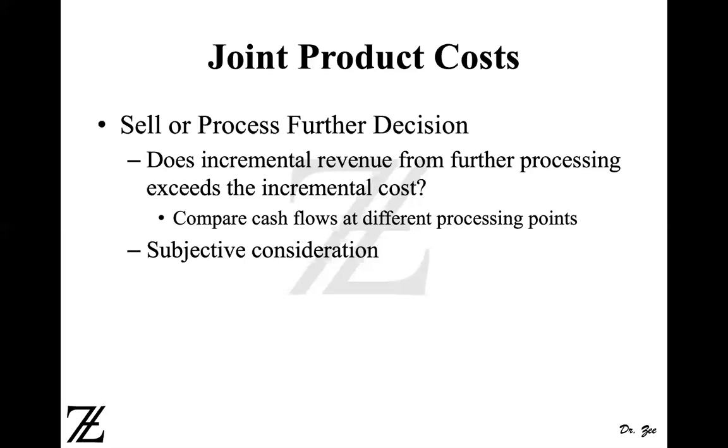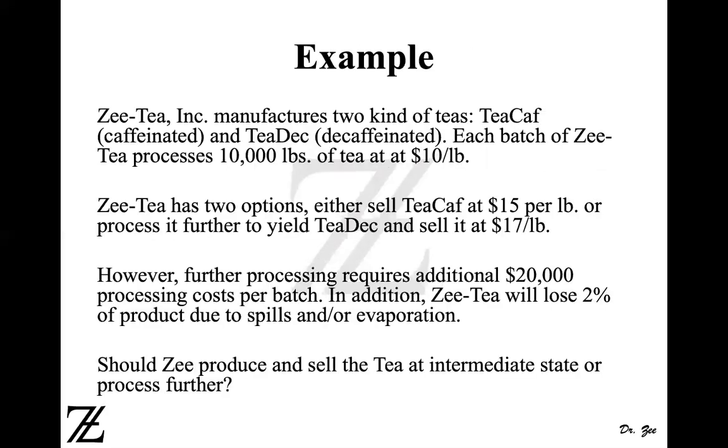Likewise, gasoline products, 87 octane, 89 octane, 91 octane, could be complementary, so you can continue producing them because some cars require a higher octane, 89 or 91. High performance cars cannot sustain with 87 octane. So you have to have some subjective consideration. Even if it's not profitable for you, you should still be producing that.